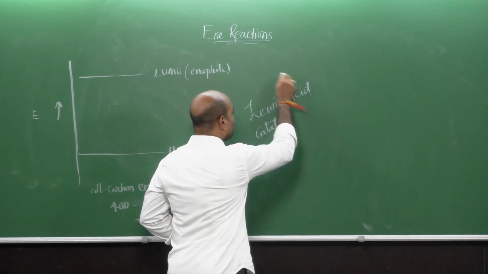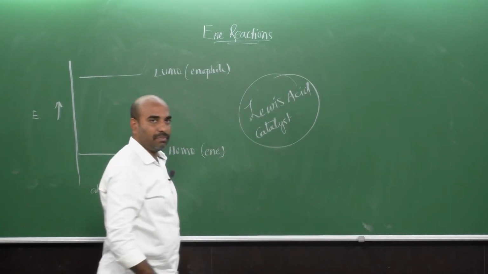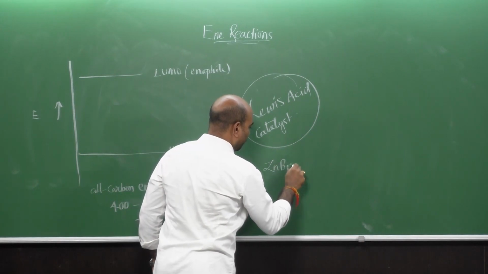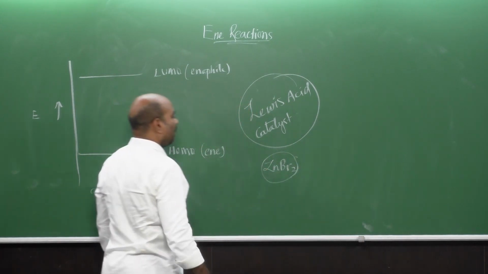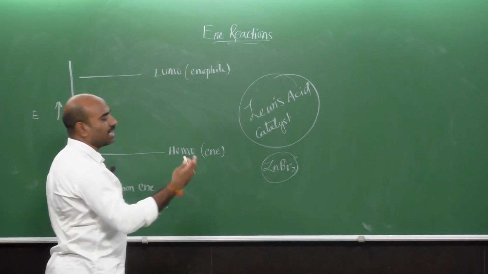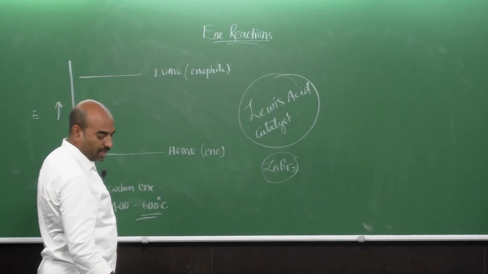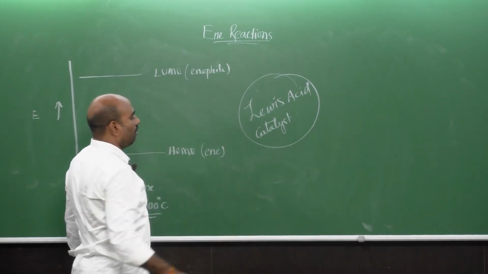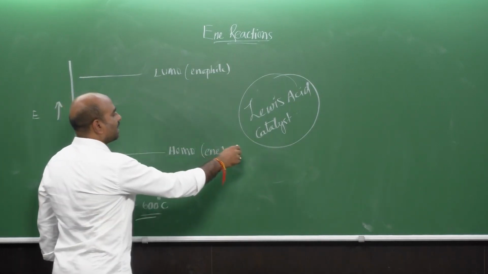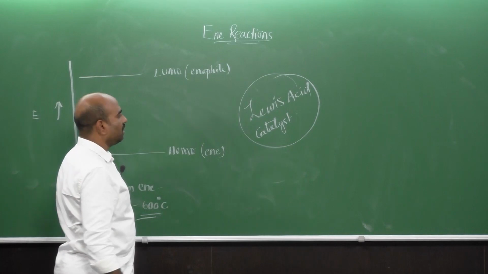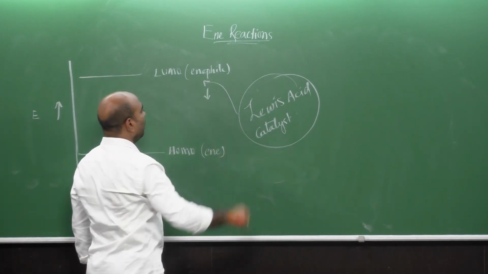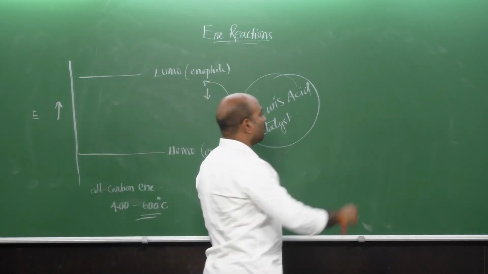For example, ZnBr2 is one such catalyst, which you can see in one of the examples we will be discussing later. What the Lewis acid catalyst is capable of doing is that it decreases the energy of the LUMO molecular orbital. So, what is happening here?